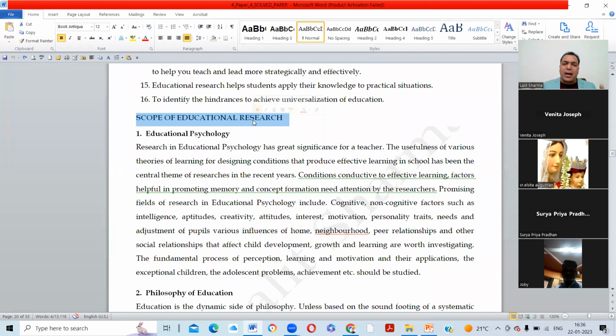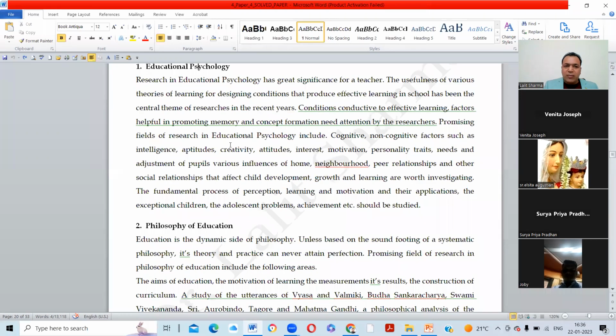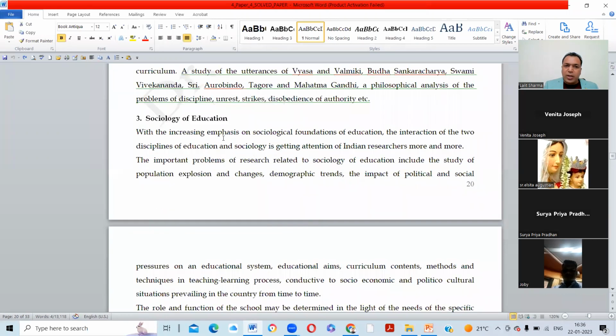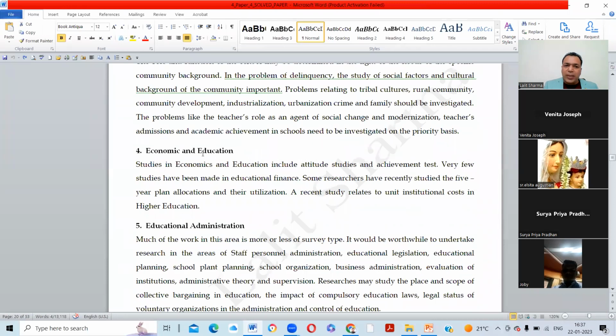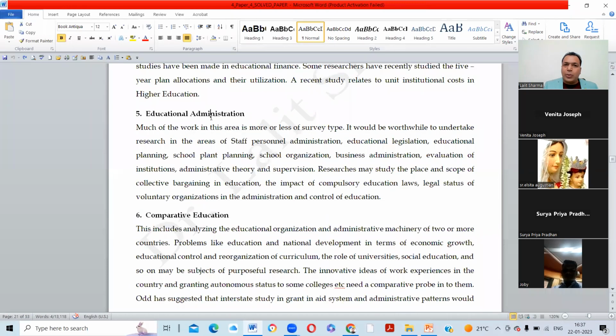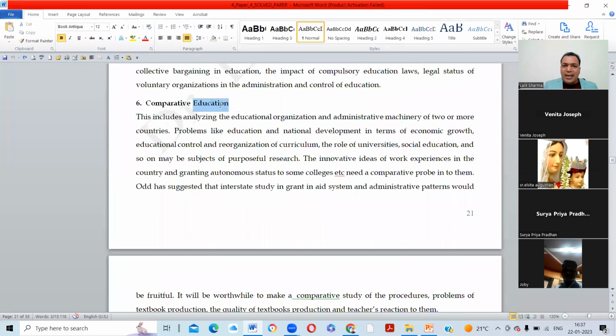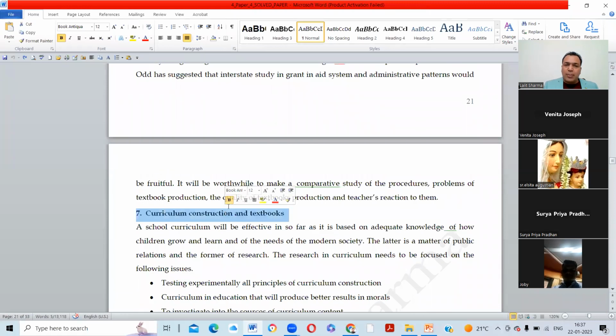And what is educational research? Educational research basically solves educational problems scientifically, right? With the research methods. So educational psychology would come, philosophy of education, sociology of education, economics and education, educational administration, comparative education, curriculum construction.